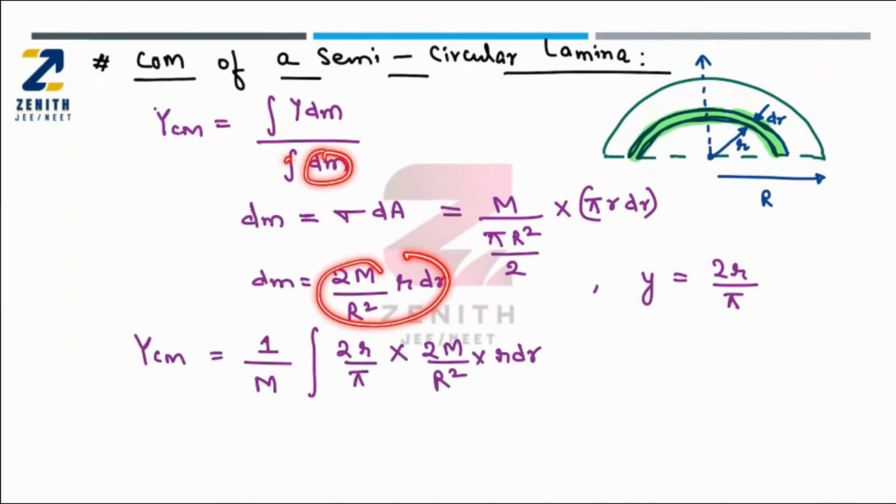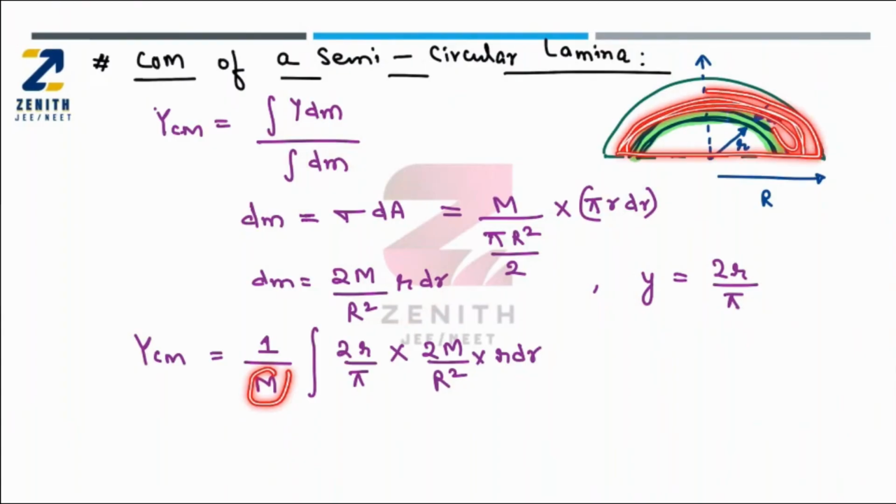And if you integrate, again you will get the complete mass, because the mass is distributed over this complete area. This is 1 by m. So now this r is varying from where to where? This 0 to complete r. So the variable is r only.